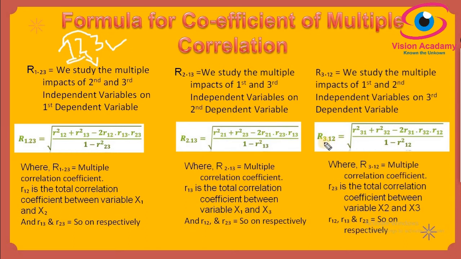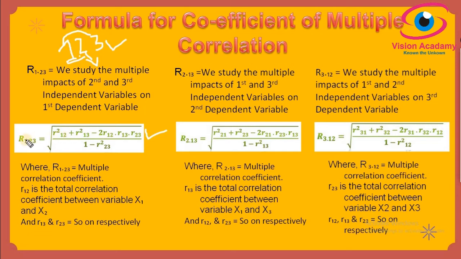So 3.12. As I explained very elaborately in my last lecture, I have made a separate video on the formulation of the formula in multiple correlation, explaining how to form this formula. So here the first option is 1.23.